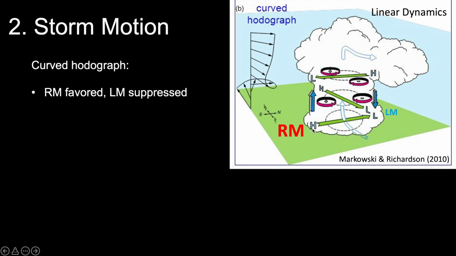We have a high pressure below a low pressure, which is going to induce a lot of rising motion along the southern flank of the storm, which is how you get an enhanced right-moving storm here, because your rising motion is going straight through this mesocyclone here. Whereas where we have our anticyclone, or left mover, we have a lot of sinking motion, and that's literally going to squash that left mover to the point where it really can't sustain itself as much as this right mover.